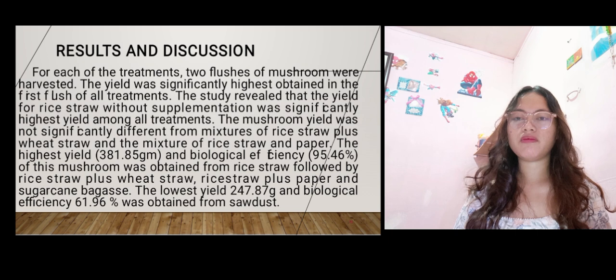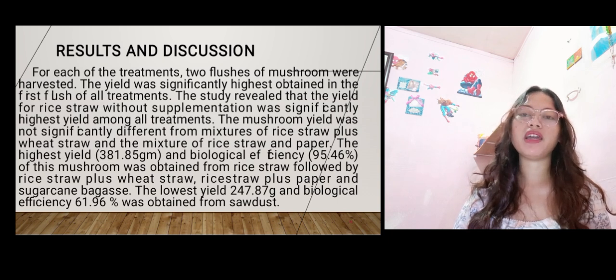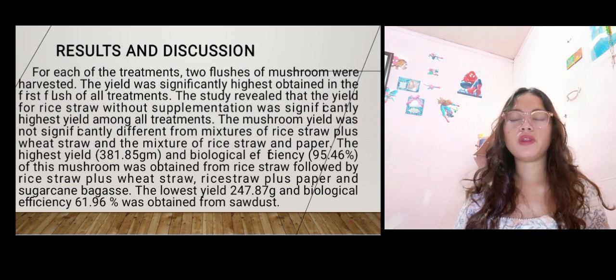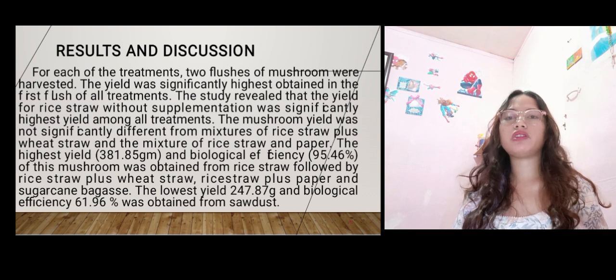For each of the treatments, 2 flushes of mushroom were harvested. The yield was significantly highest in the first flush of all treatments. The study revealed that the yield for rice straw without supplementation was significantly highest among all treatments.